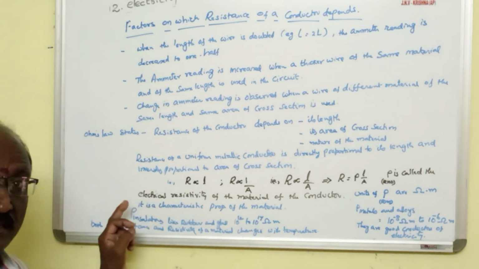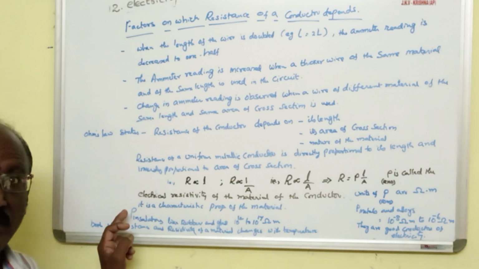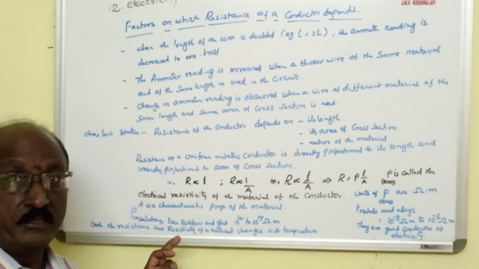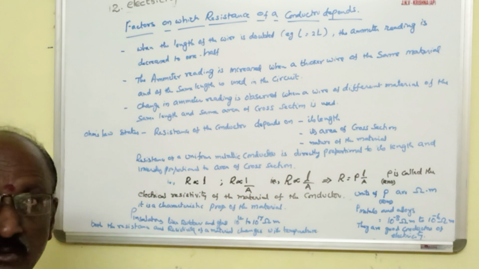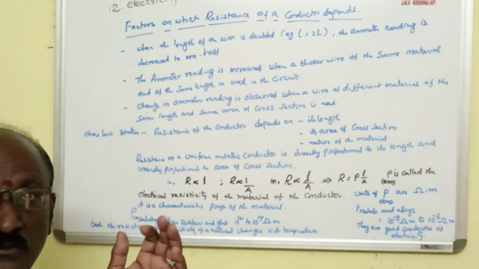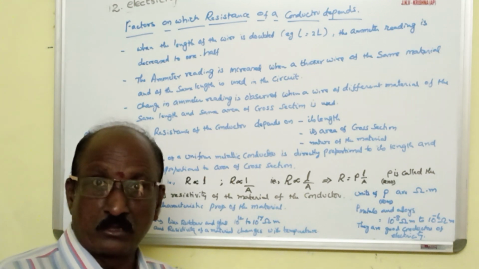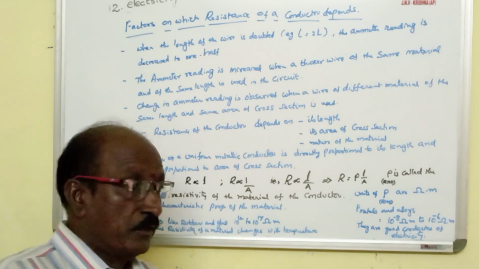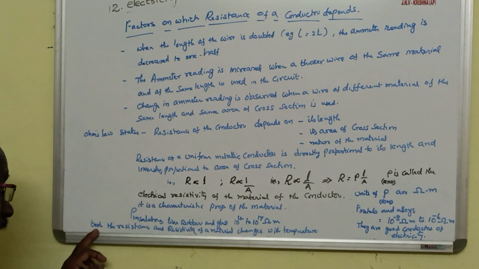That is why insulators are quite often used in electrical appliances, so that the conducting wires should not give us a shock. I think the point is very clear for you.